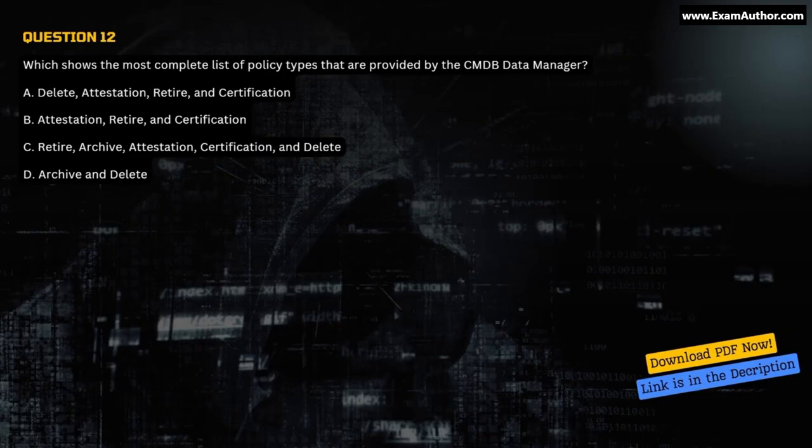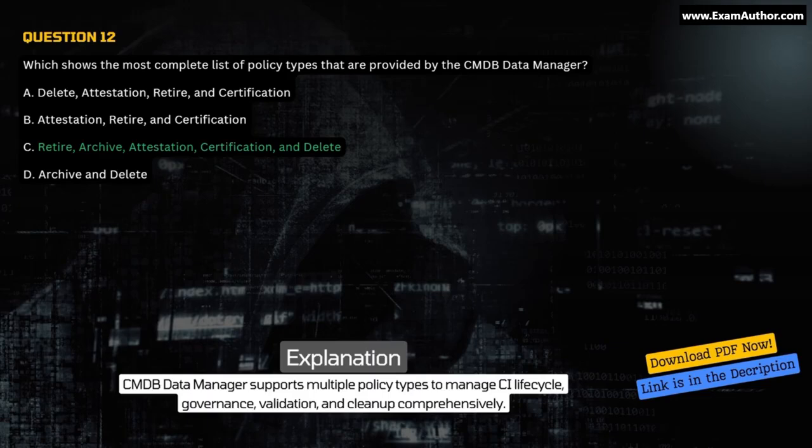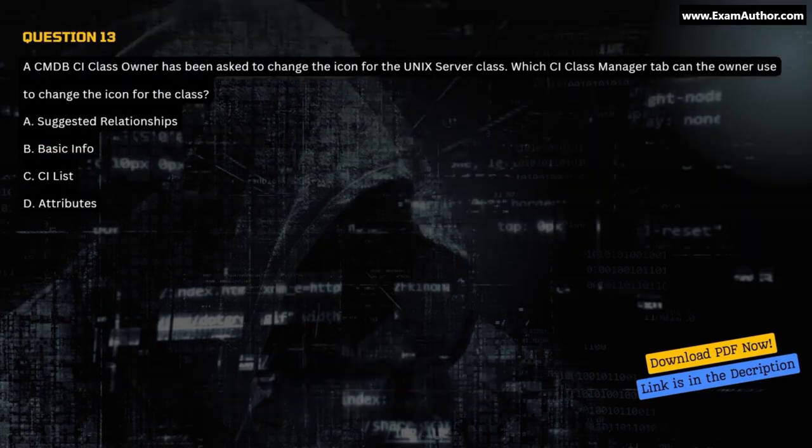D. Archive and delete. Correct answer C. Retire, archive, attestation, certification, and delete. Explanation. CMDB Data Manager supports multiple policy types to manage CI lifecycle, governance, validation, and cleanup comprehensively.